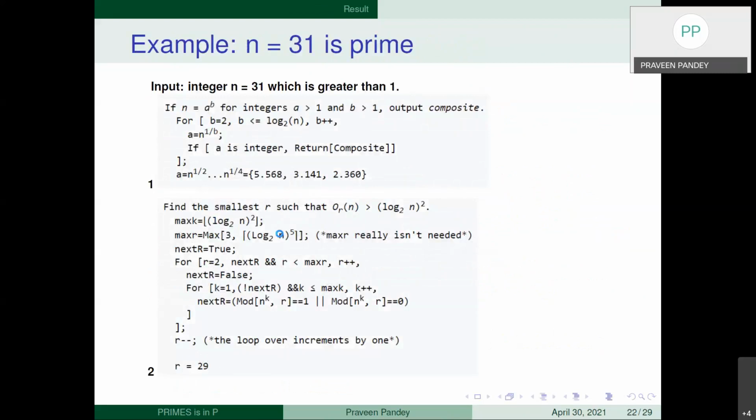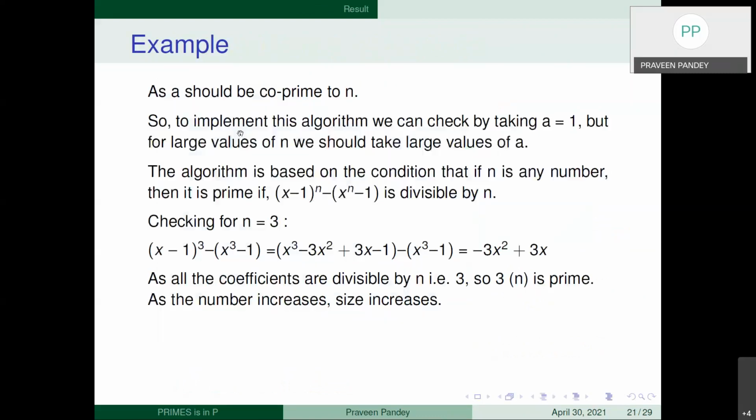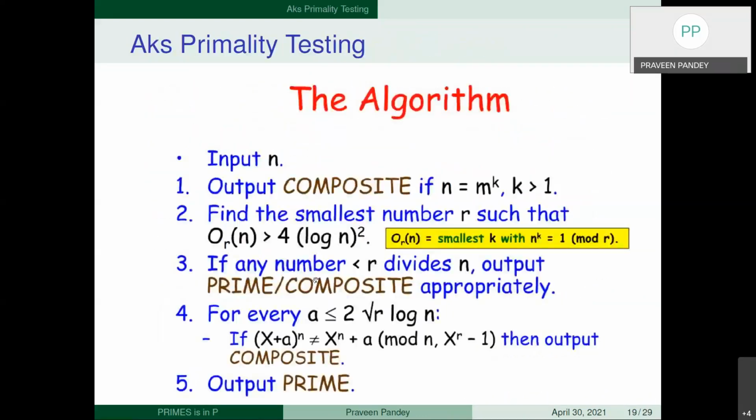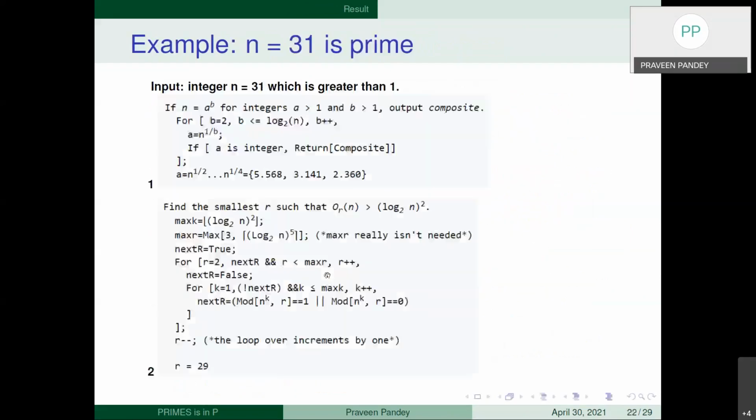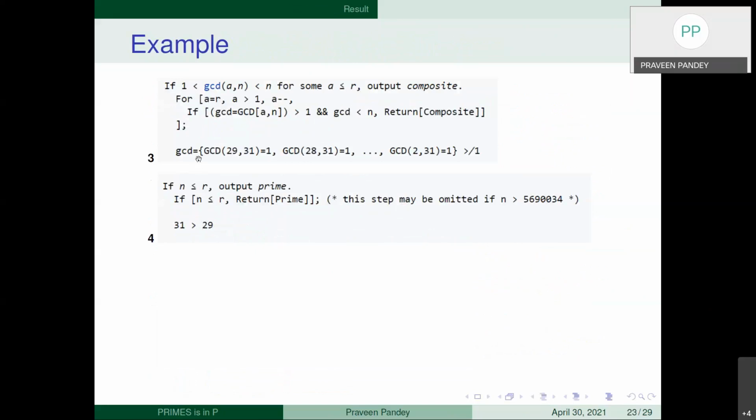In the third step, if any number less than r divides n, then we output prime or composite appropriately. We find the GCD of all the numbers less than 29, because r is 29. So we compute the GCD of 29 and 31, 28 and 31, up to the last, which here will be 2.